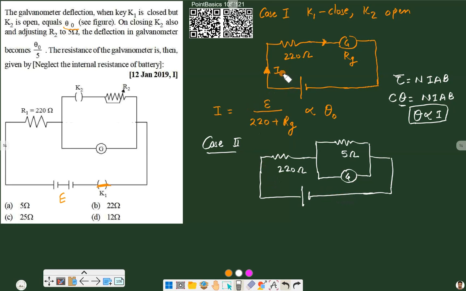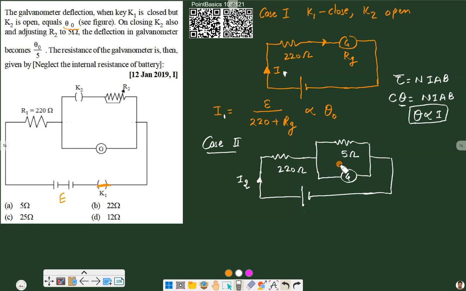One thing more. Let's assume that was I1, this was I1 current, and here we assume that the current is I2. So we will find the current in the second scenario. Now I2 will be the potential of the circuit divided by the total resistance.